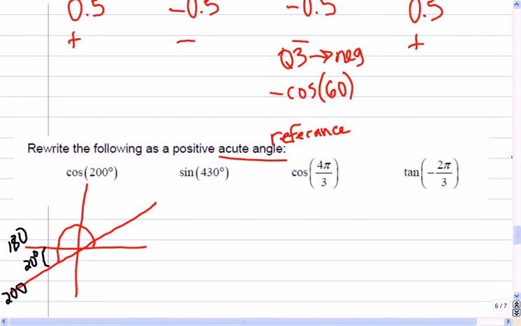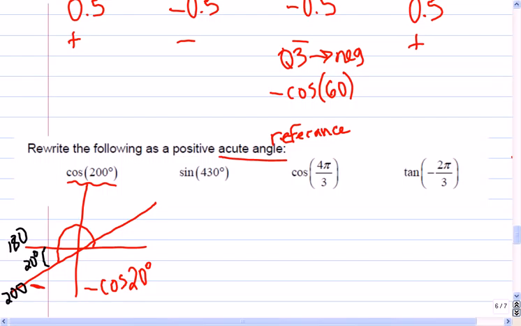Will this be a positive or negative number, the cosine of 200? It's going to be negative because the x-coordinate is negative. So I could rewrite this as the negative cosine of 20 degrees. Okay, how about 430? What would the reference angle of 430 degrees be? 70.